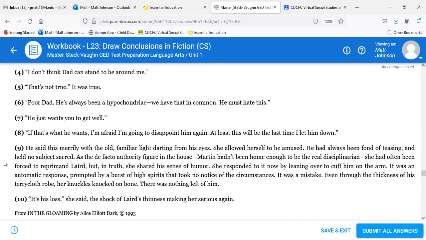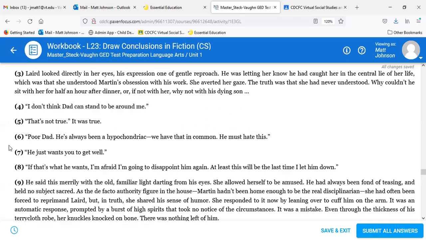She responded to it now by leaning over to cuff him on the arm. It was an automatic response prompted by a burst of high spirits that took no notice of the circumstances. It was a mistake. Even through the thickness of his terry cloth robe, her knuckles knocked on the bone. There was nothing left of him. "It's his loss," she said, the shock of Laird's thinness making her serious again.